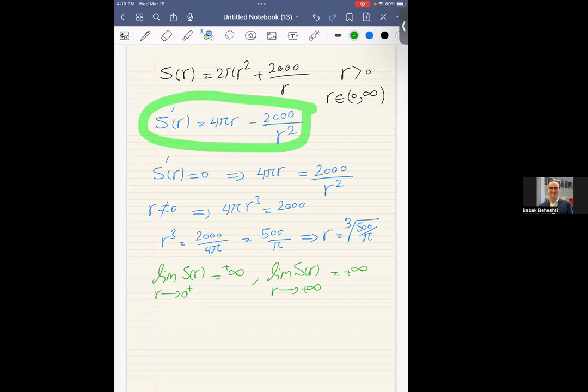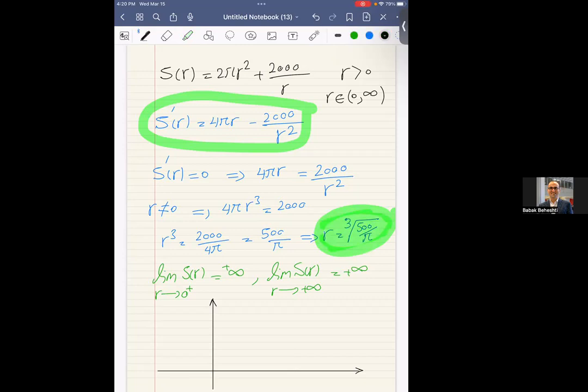I can even draw a graph of this function. There is only one critical point, and that is the cubic root of 500 over pi. This is the only critical point, and that is the minimum point, right? This point is the minimum point. So I can also draw the graph so we can see.